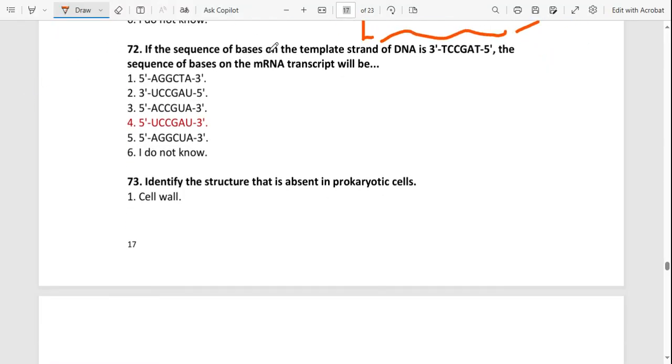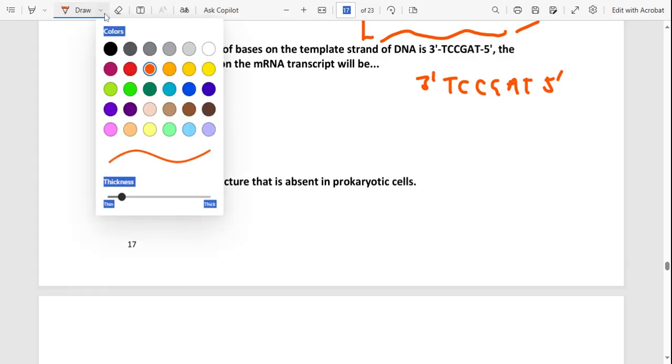If the sequence of bases on the template strand of DNA is 3 prime T C C G A T 5 prime, the sequence of bases on the mRNA transcript will be what? So this is on DNA. What will be the mRNA transcript?